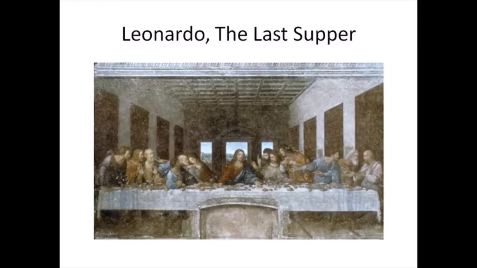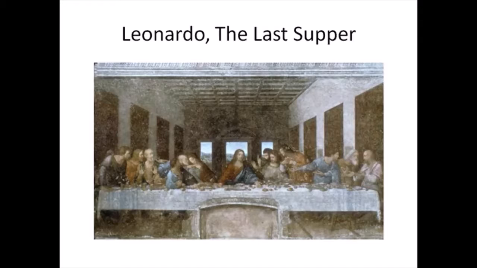And Leonardo da Vinci was trying out a new technique here, something he had never tried before, and it didn't work out so well. So from the get-go, the painting, in terms of quality, had issues and began to flake off of the walls.